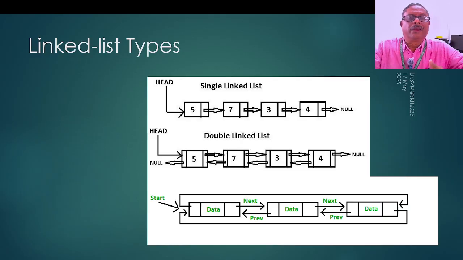Looking at the types of linked list, it can be a singly linked list, where the link is only in one direction. That means we start from the head, reach the first node, then using the next we go to the second node, using the next we go to the third node, using next we go to the fourth node, and so on, till we reach a null at the address.